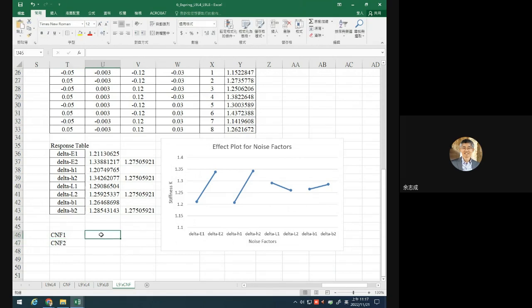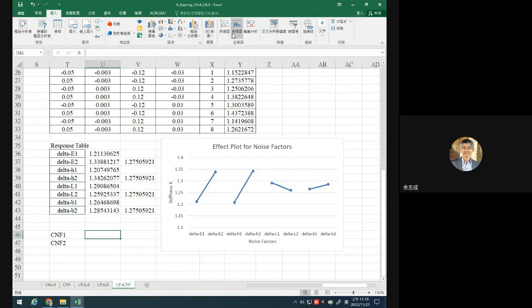So what will be the compound noise 1? Starting from here, you can insert a circle. The compound noise factor 1 will have an output.